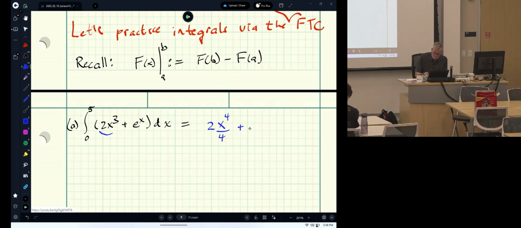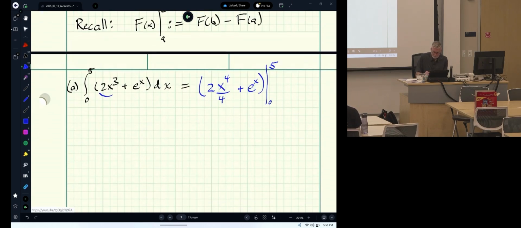The antiderivative of e to the x is e to the x. Then we evaluate this from 0 to 5. And so we get a half, 5 to the 4th, 625 plus e to the 5th minus 0 plus 1. Okay, so it's just arithmetic.